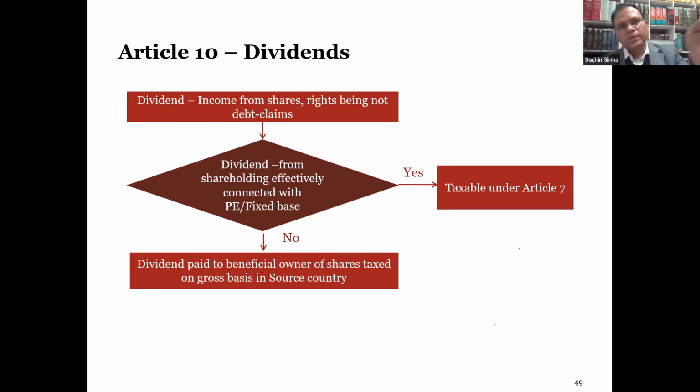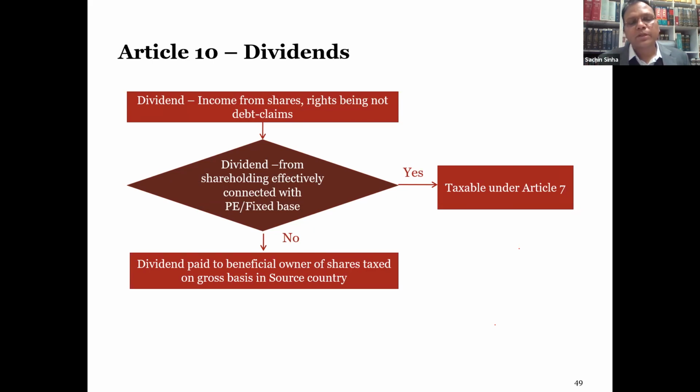However, it is also taxable in the country of the company declaring the dividend. There are a few conditions. Beneficial ownership comes into the picture, and in the same article it says that if it is connected with business, it will fall under Article 7 and not under the dividend article. Dividend income arises from shares or rights that are not debt claims. Dividend from shareholding effectively connected with a PE goes to Article 7, as you mentioned. Dividend paid to the beneficial owner is taxed on a gross basis in the source country.